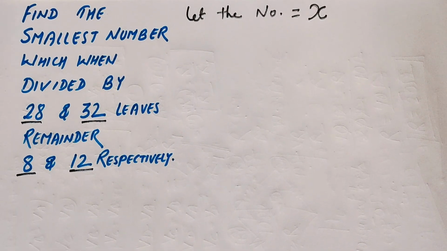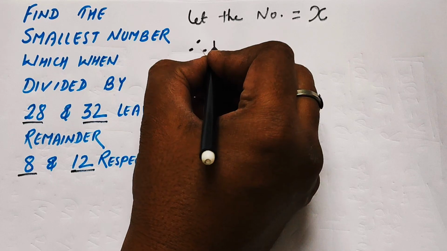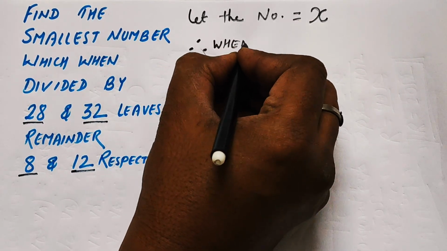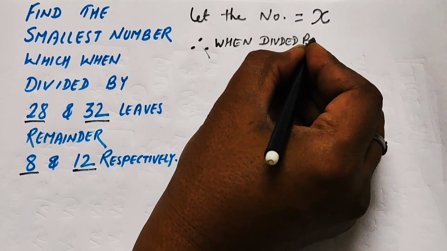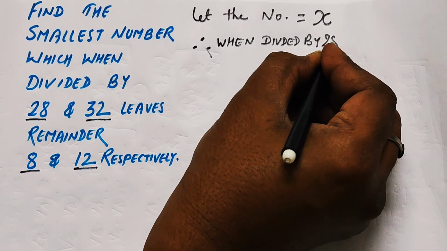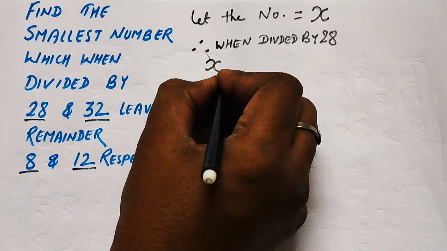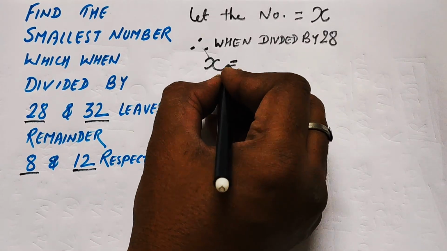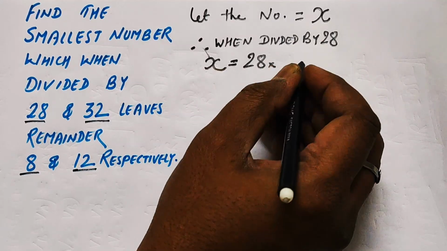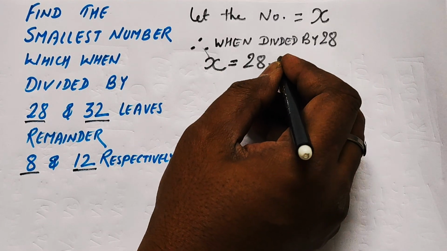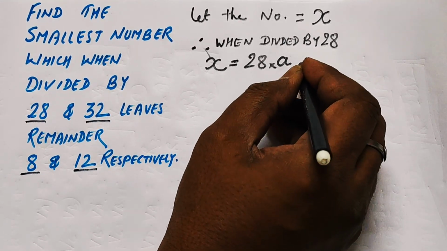If that number is x and when we divide it by 28, let's say it divides x in a times, right, and the remainder is 8, then we can write when divided by 28, x is equal to 28 into a plus the remainder 8, where a is the natural number.